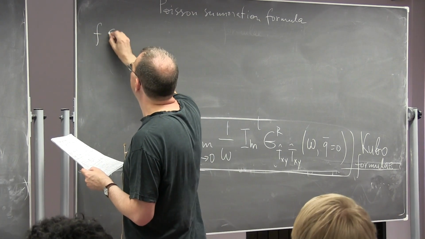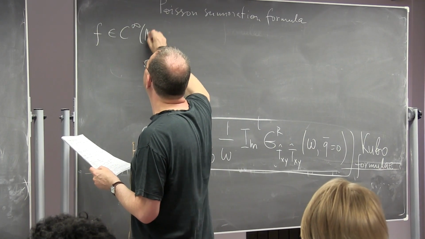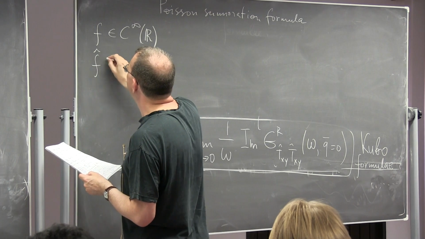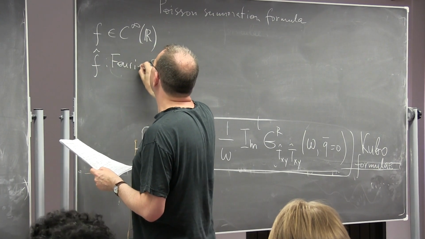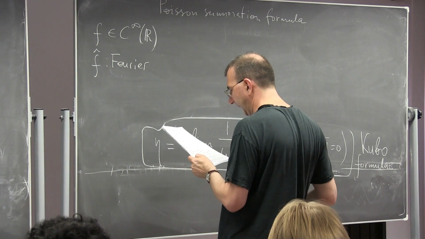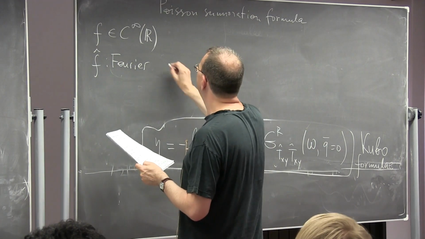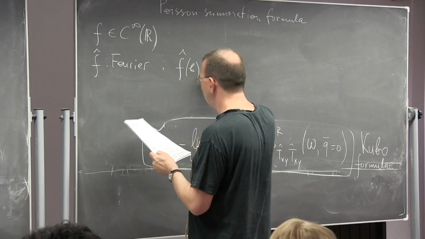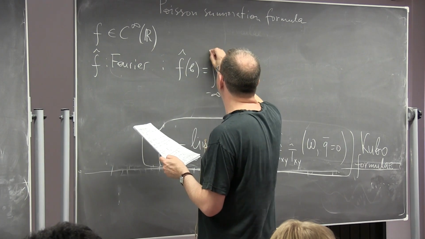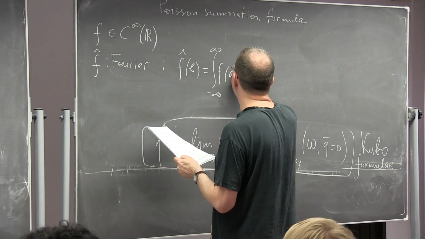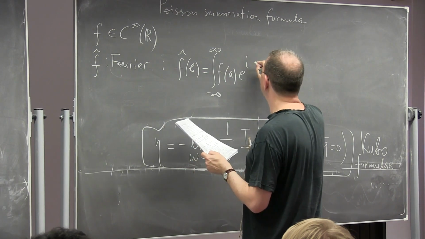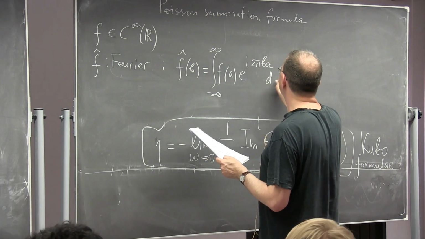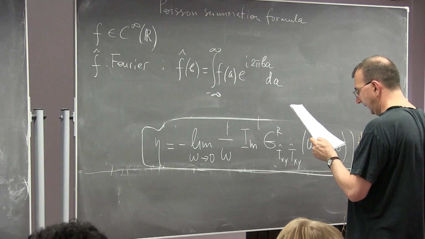function which is sufficiently smooth, so suppose this is from C infinity on the line, and you have f hat, which is the Fourier transform of this function. So f hat of b is the integral from minus infinity to infinity of f of a e to the I, and let me put here 2 pi b a, with 2 pi being more convenient.